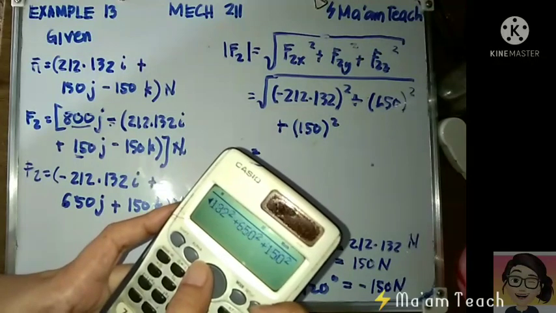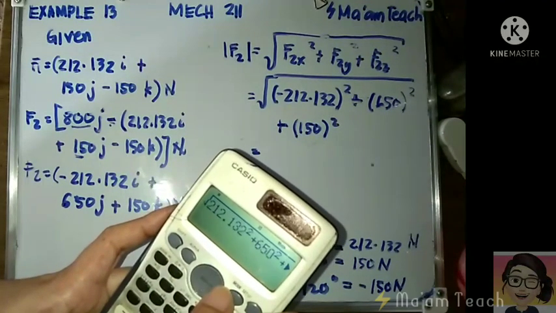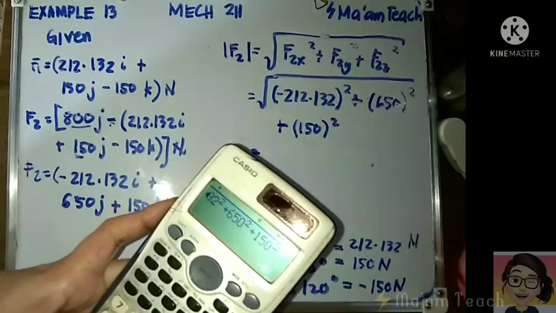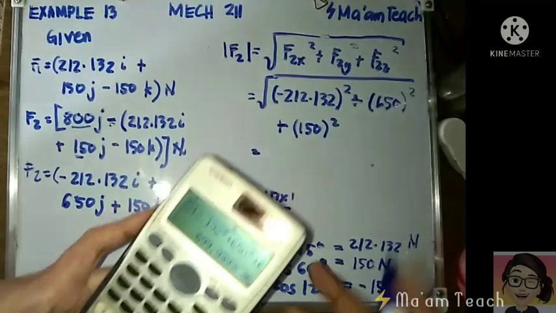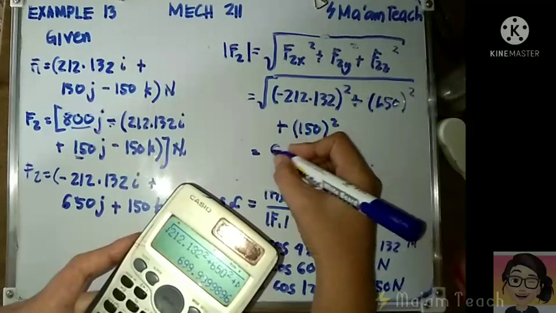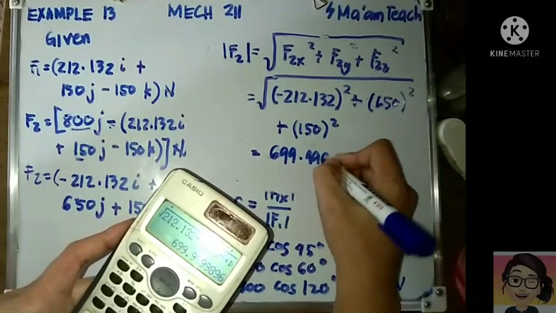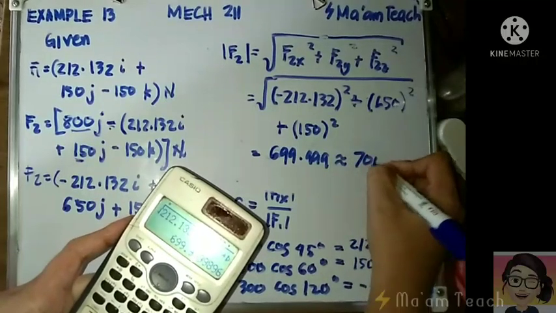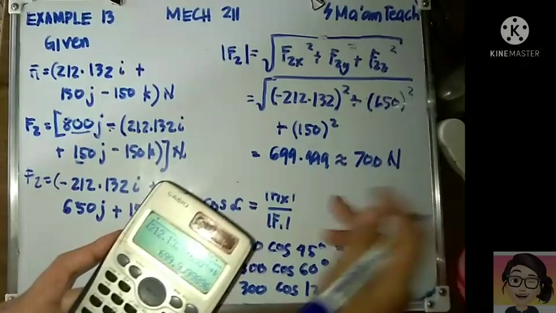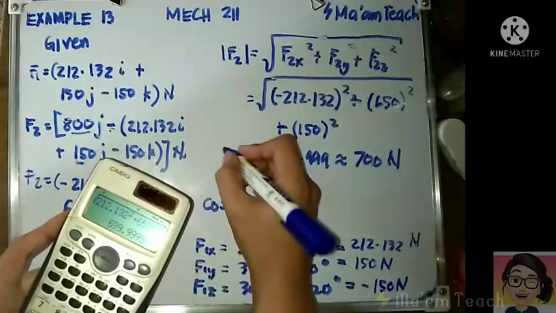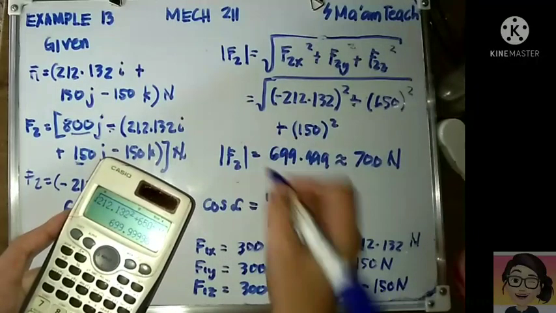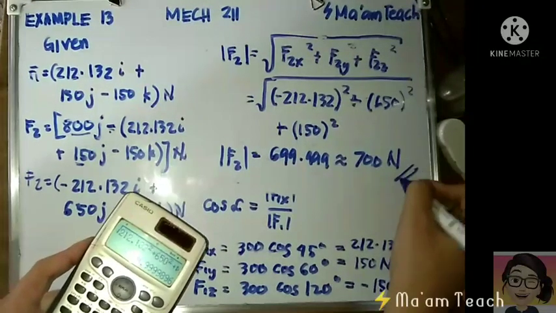Let us check. 212.132, 650, and 150. 699.99999, or this is already 700, class, 700 newtons. Take note, this is our magnitude of your F sub 2. So this is already an answer, class.